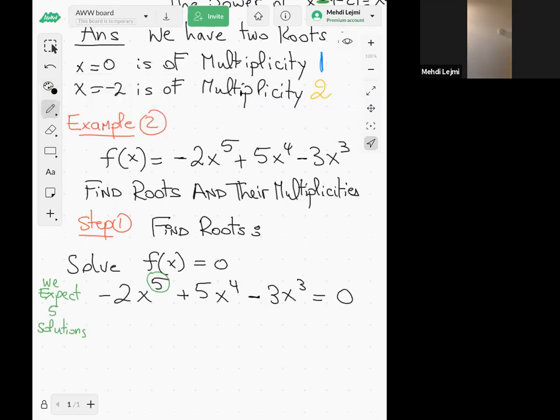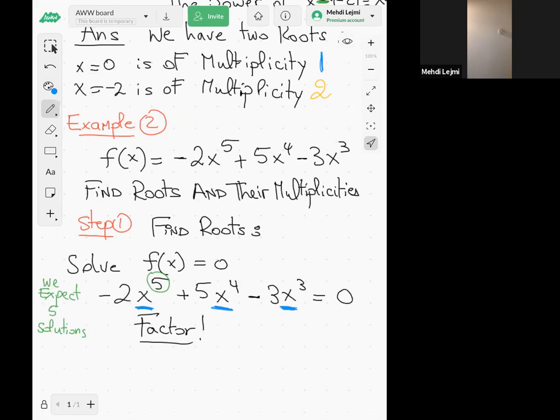So factor, right? A common factor would be, well, here we have x, but we can do better than x. We can have even x cubed as a common factor. Here x power 5, x power 4, x power 3.